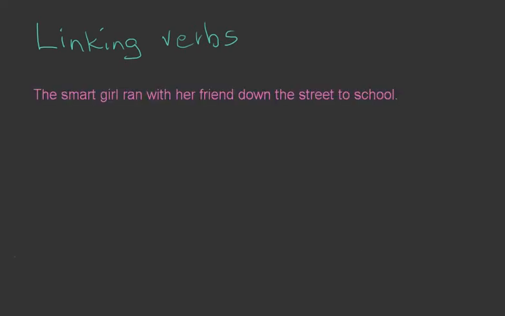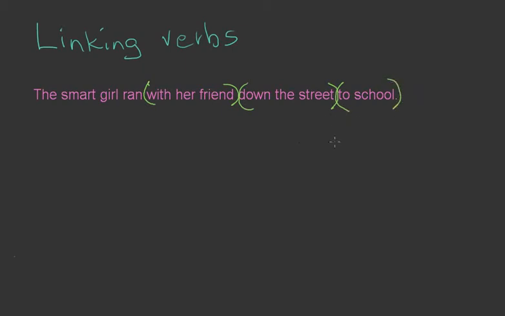We have, the smart girl ran with her friend down the street to school. The first thing that we do is to find any prepositional phrases and get them out of our way. We have with her friend, down the street, to school.